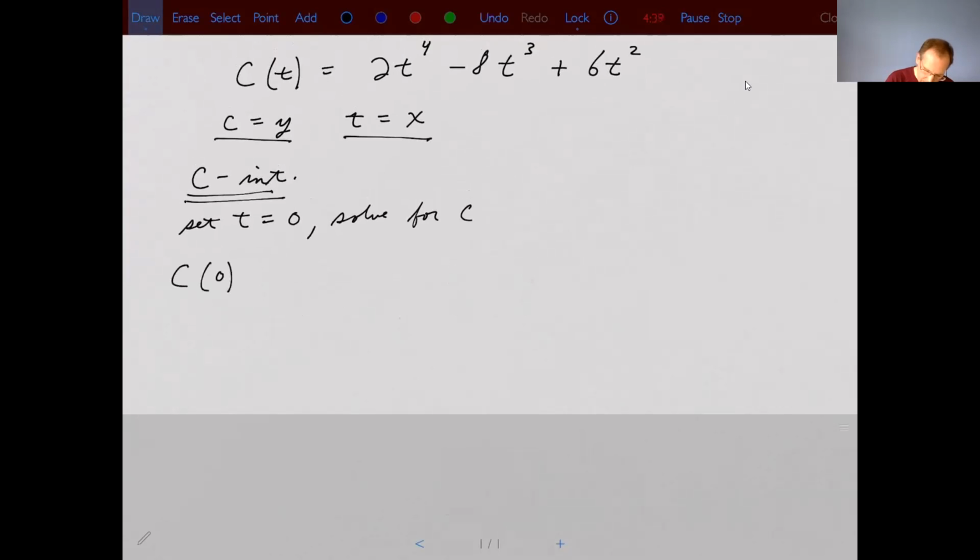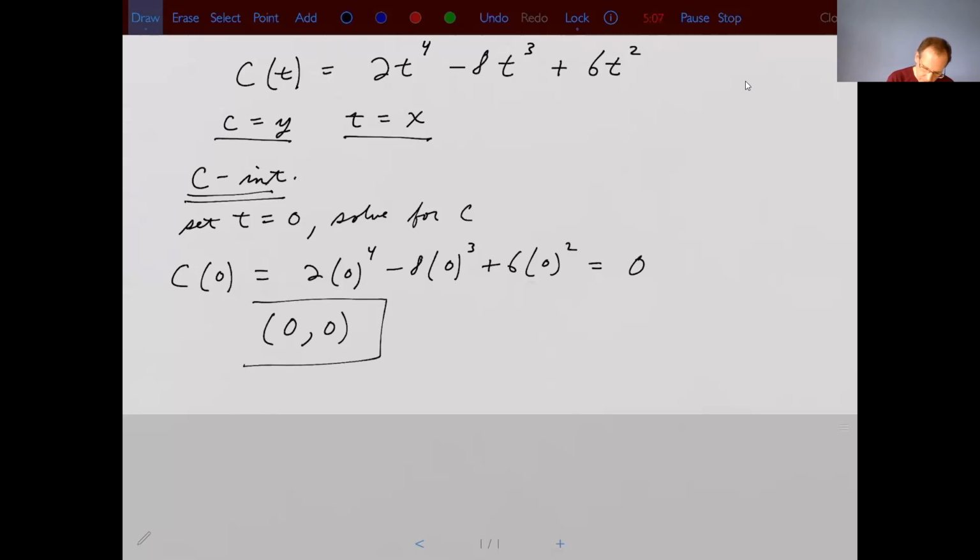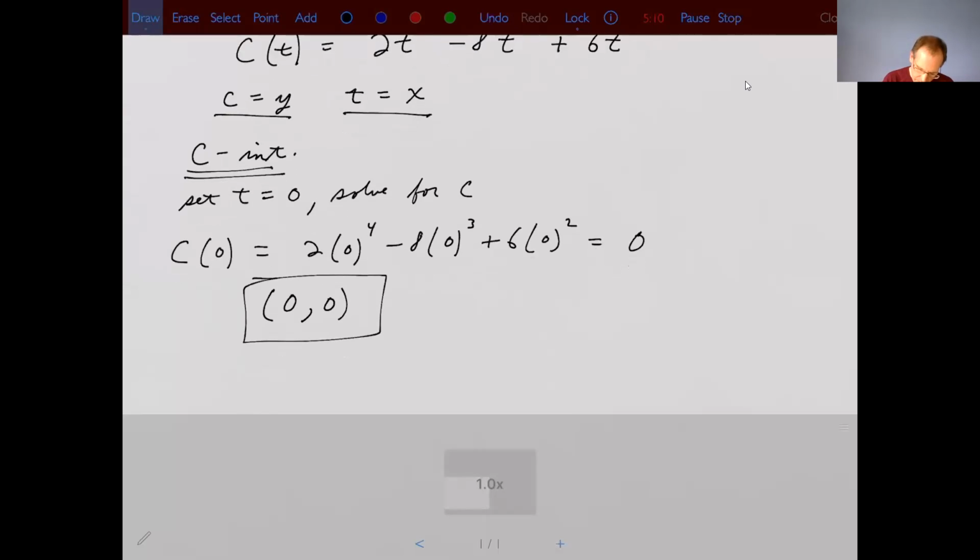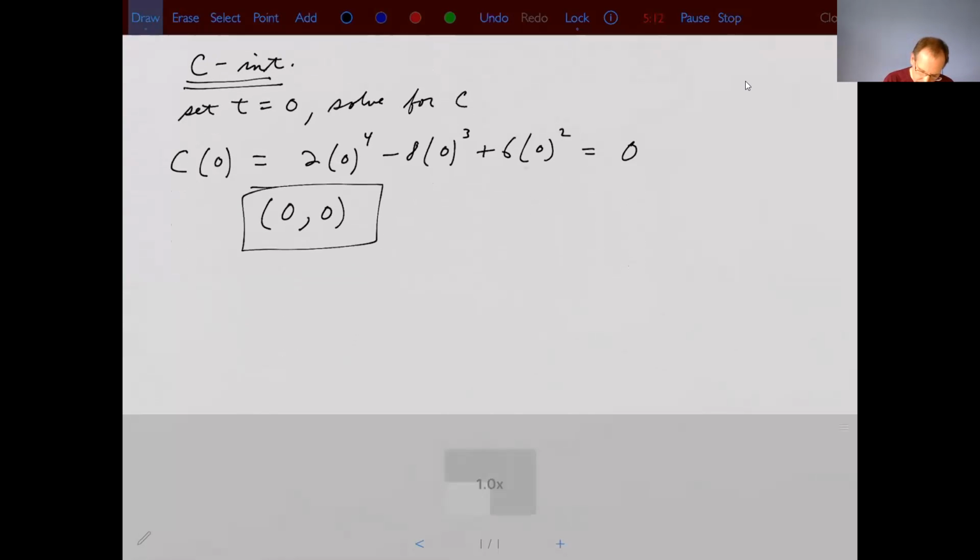I'm forcing t to be 0, and wherever I have a t, I put in a 0. Since 0 to the 4th is 0, 0 cubed is 0, and 0 squared is 0, this is just going to be equal to 0. So the c-intercept happens to be (0, 0), which is just the origin. So this graph passes right through the origin.